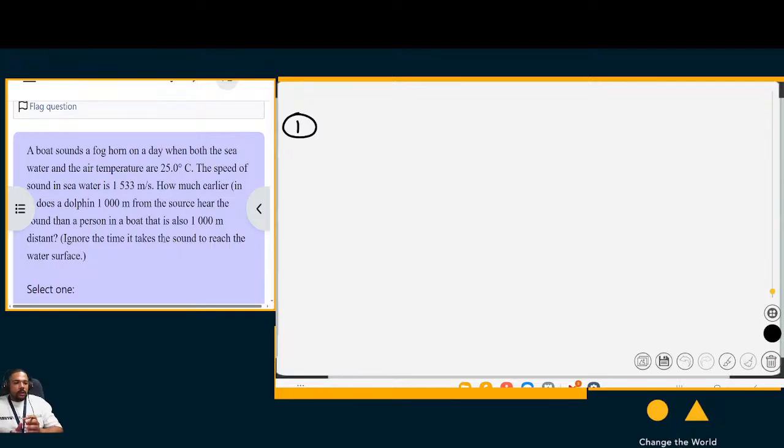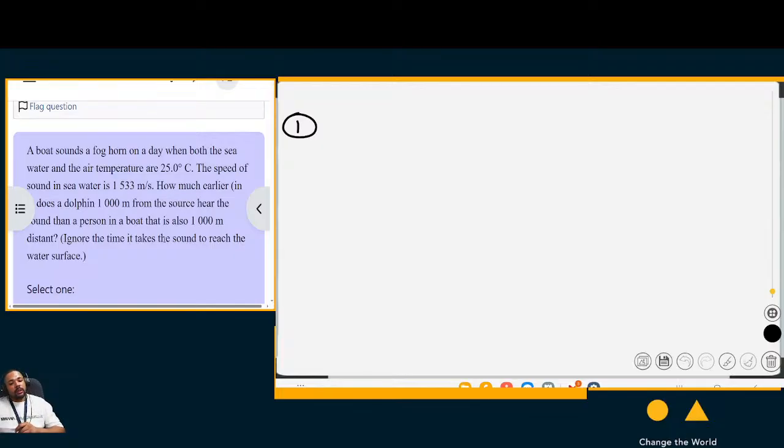So on this day, the air and the water is the exact same temperature. A boat sounds a foghorn. That is to warn other ships during fog that they are nearby. The speed of sound in seawater is 1,533 meters per second.